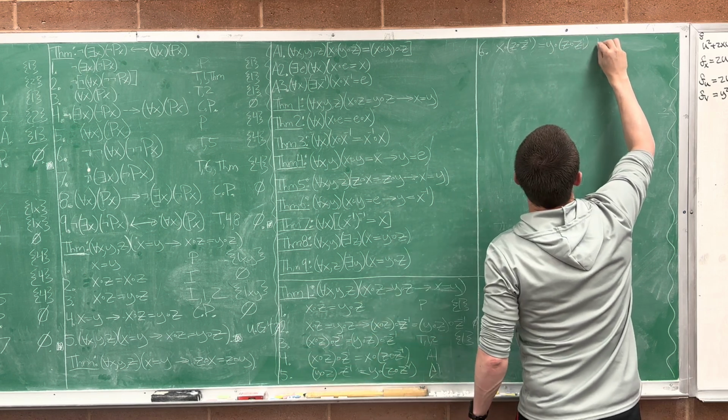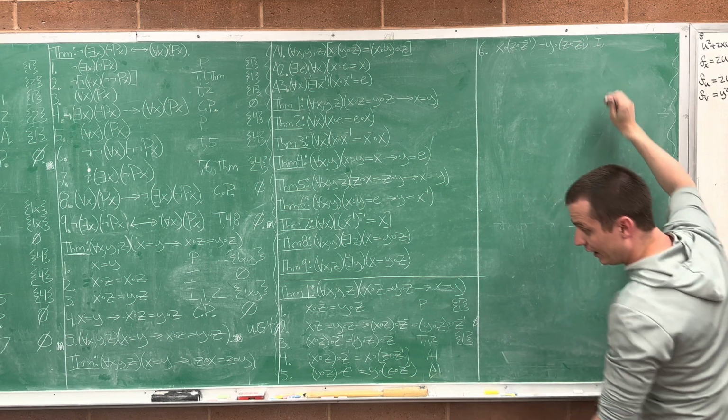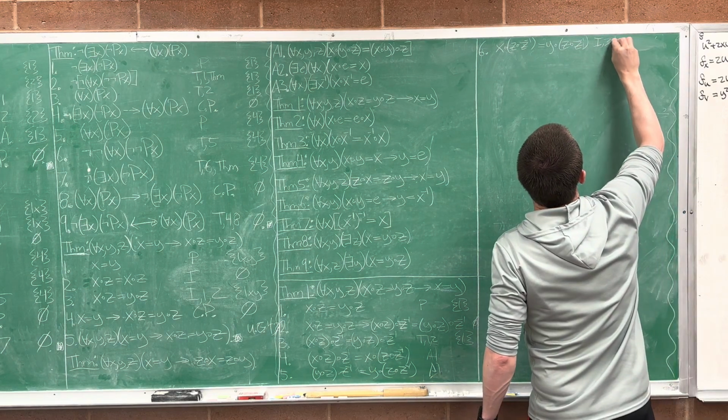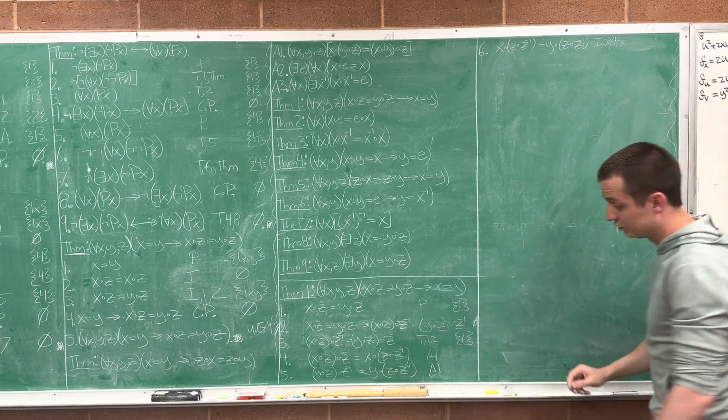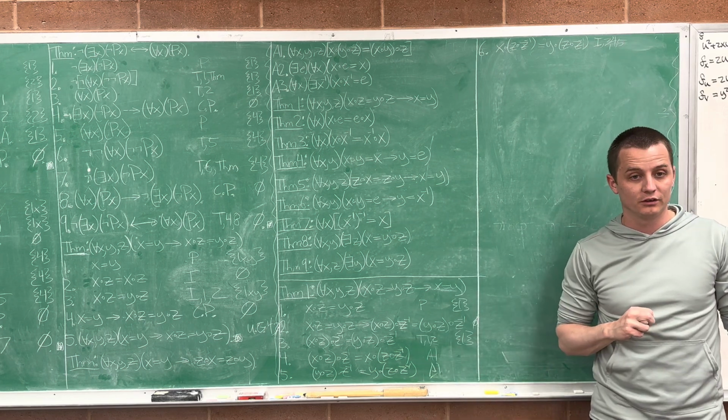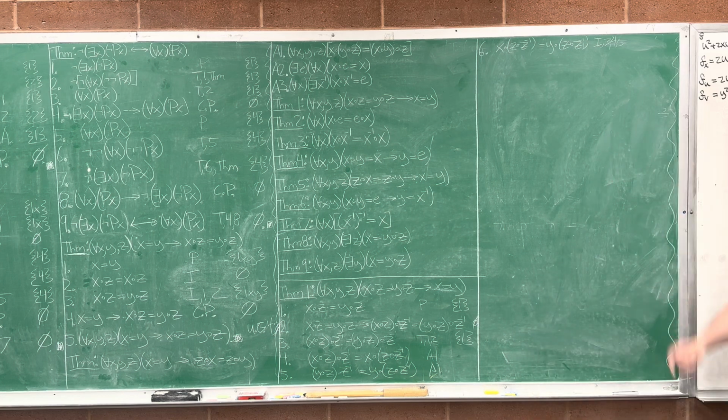That was using identity on lines 3, 4, and 5. So I substituted lines 4 and 5 into equation 3, and that's what gave me that.